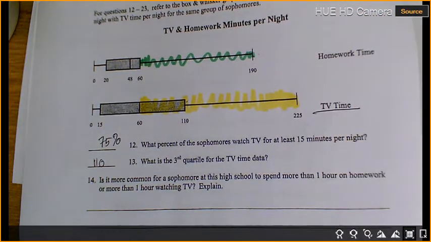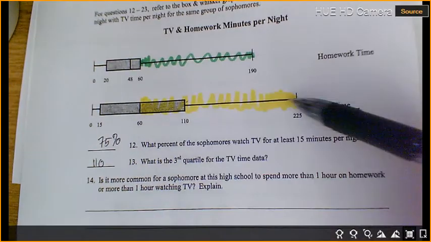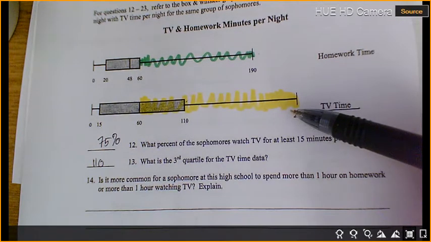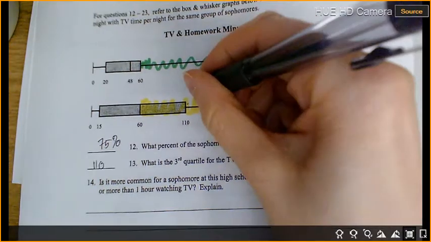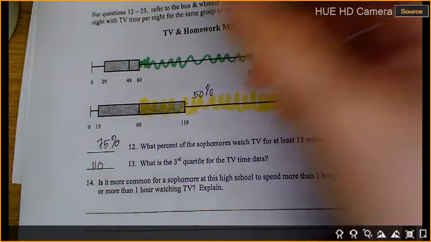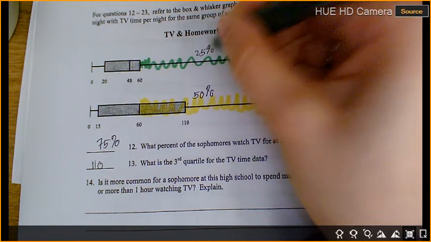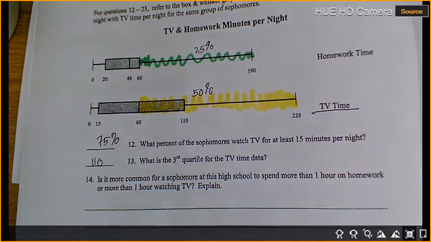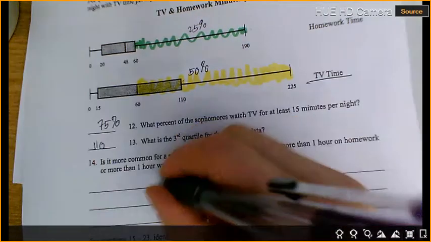So that yellow, how much percentage is the yellow? 50. How much percentage is the green? 25. There we go. So they spend more time watching TV.